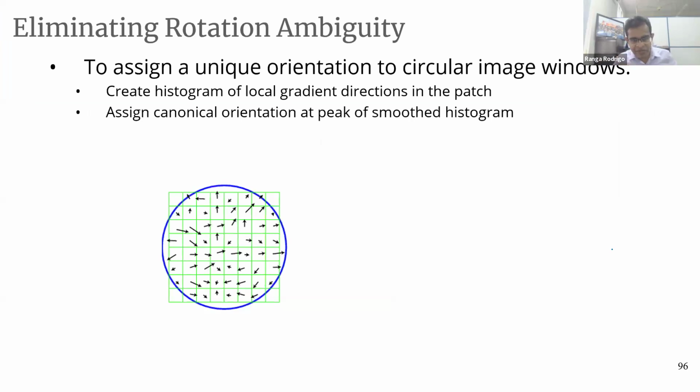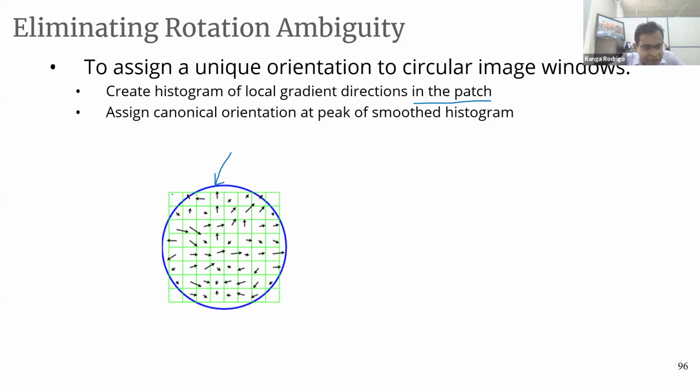To assign a unique orientation to circular image windows, David Lowe's paper created a histogram of local gradients in each patch. So let's try to decompose that. Think of this as the radius of the blob, maybe a ratio of that.